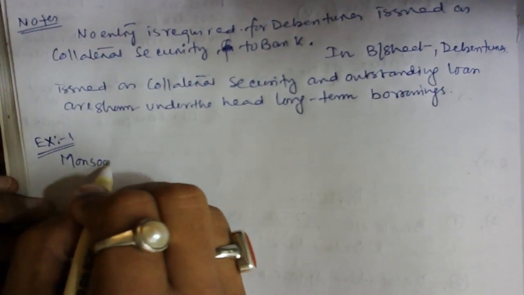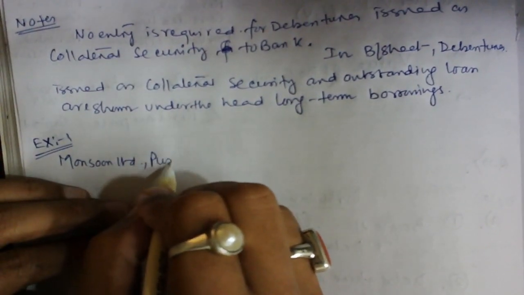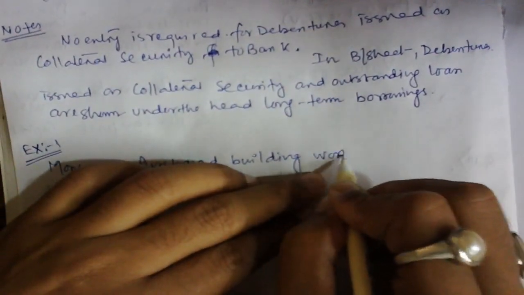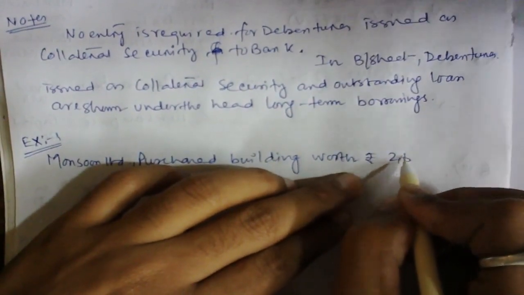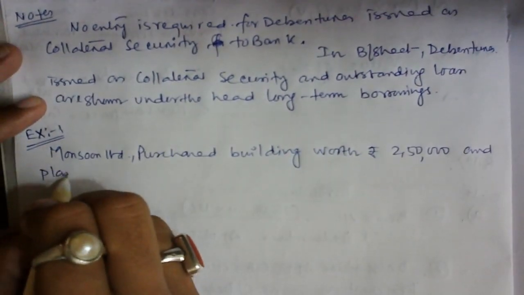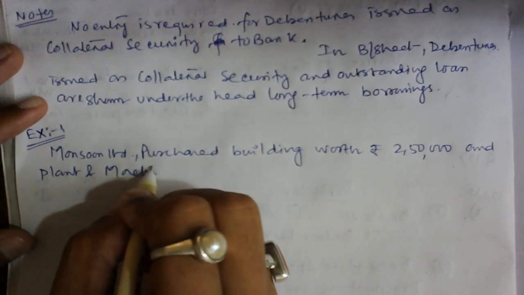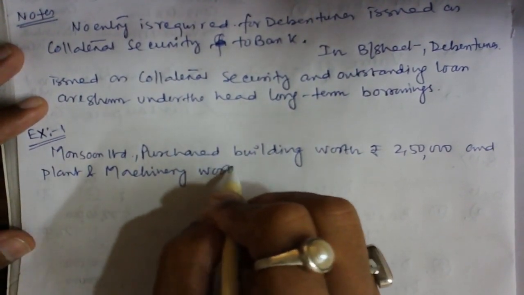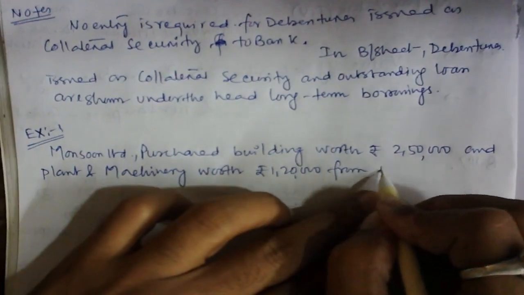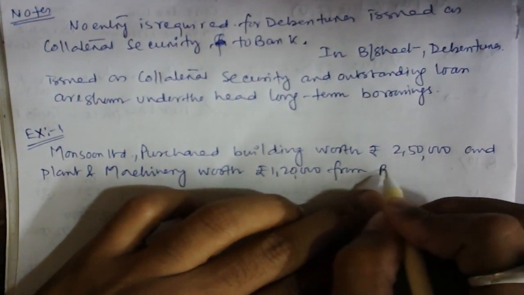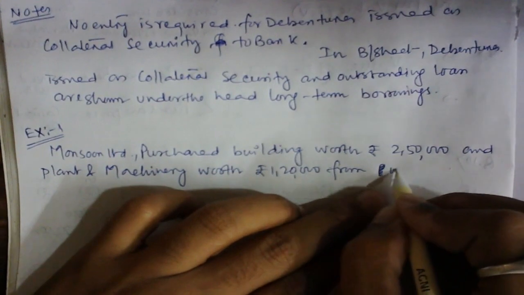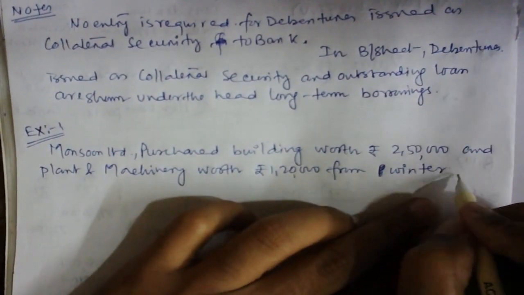Monsoon Limited purchased building worth rupees 2,50,000 and plant and machinery worth rupees 1,20,000 from Winter Limited.